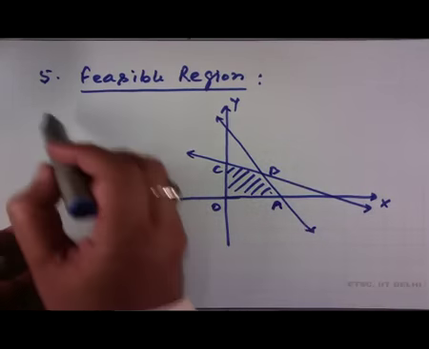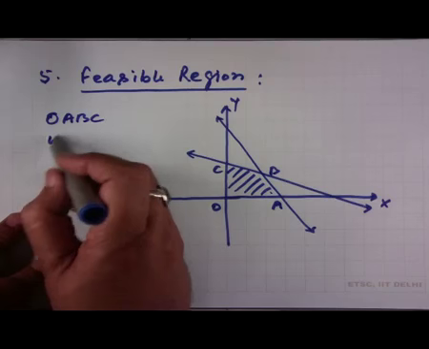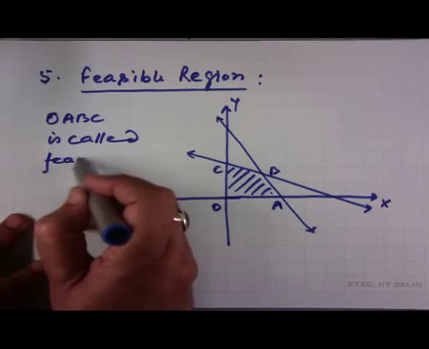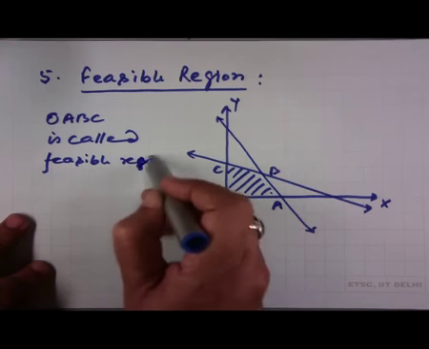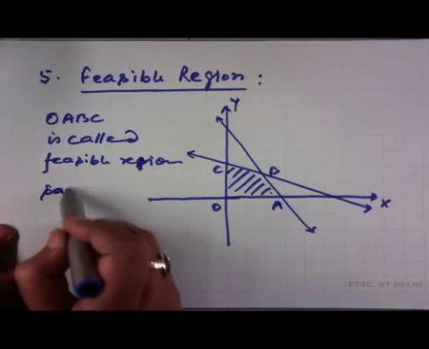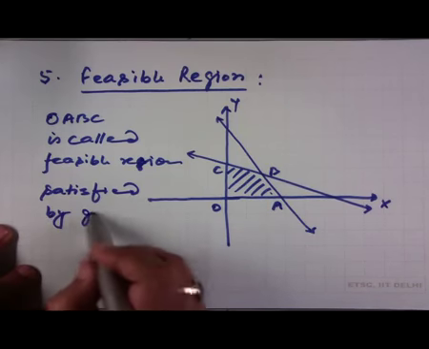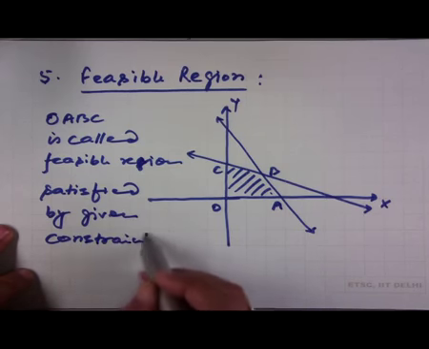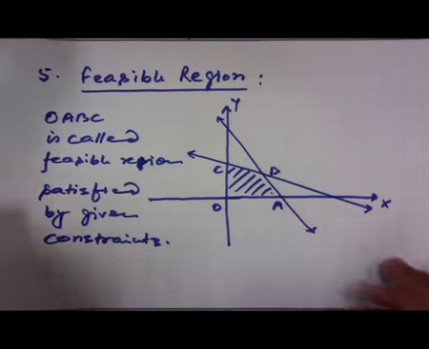Then this OABC is called the feasible region satisfied by the given constraints, and this region may be a bounded region or may be an unbounded region.